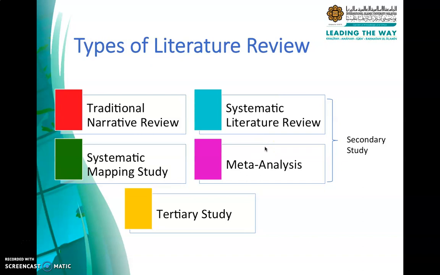So when we review, the basis of the review is the findings from existing studies. That's why we call it a secondary study. And there is another kind of review that we call a tertiary study. A tertiary study is another level of review where we are actually looking at a set of secondary studies.